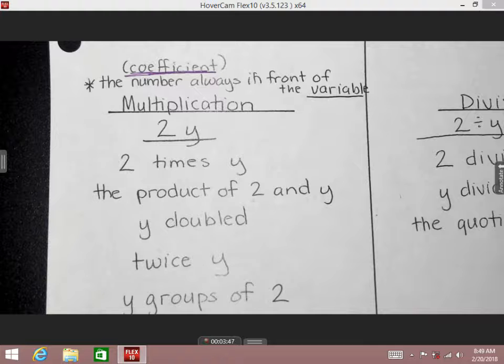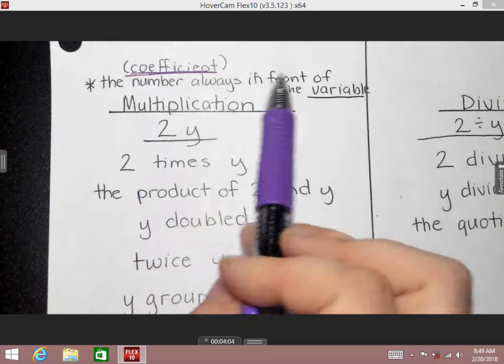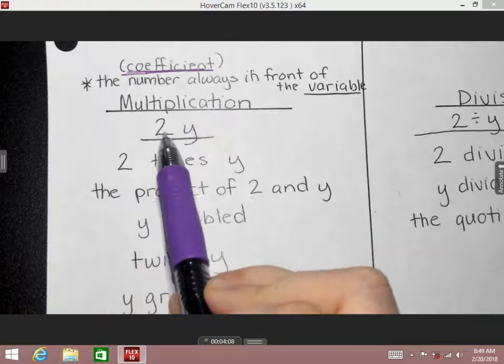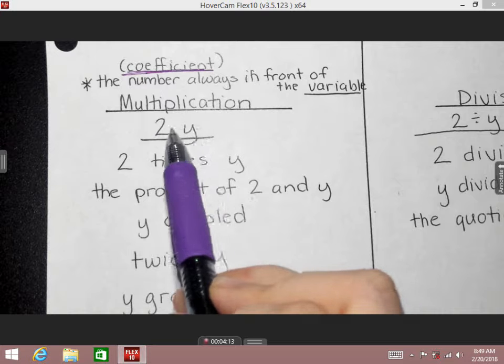Especially now that we're moving into algebra and having these variables or these letters, we're going to want to eliminate that multiplication symbol as much as possible. We mentioned it earlier: the coefficient is the number in front of the variable. The reason this goes with multiplication is because for multiplication we put them right next to each other.